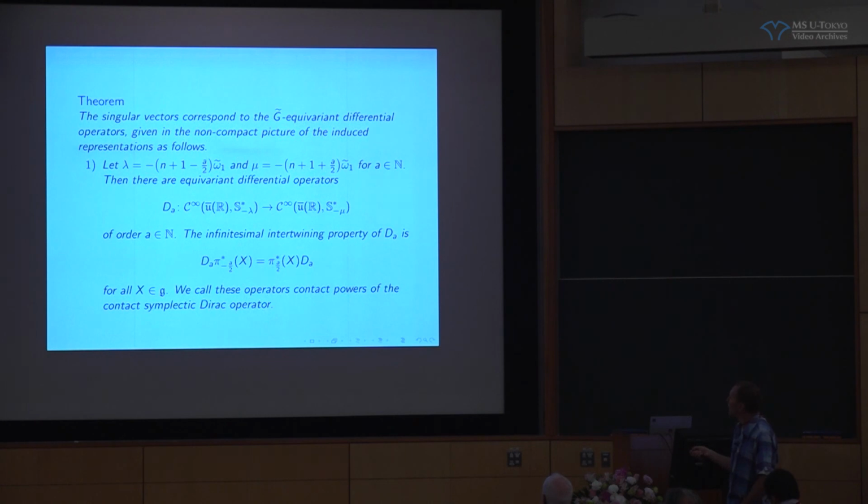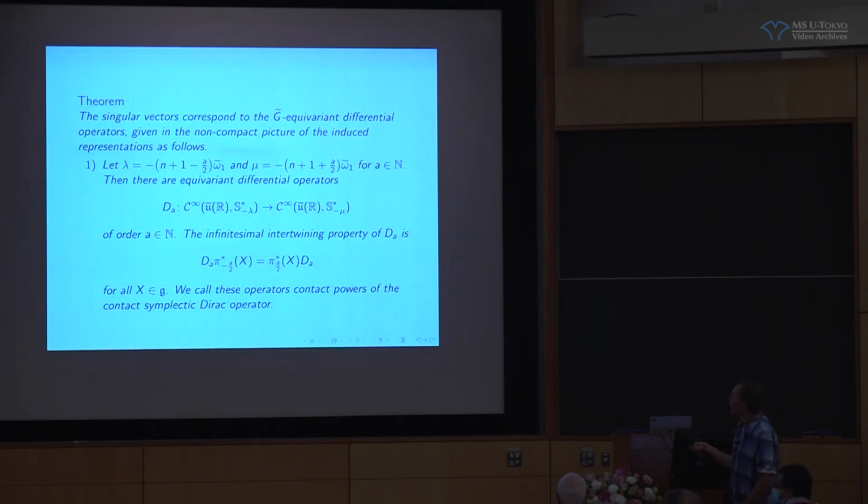And I will not give you explicit formulas for single vectors. Here is just the translation to equivalent differential operators because perhaps they are more important in the end. So again, we have a collection of operators which might be called contact powers of a contact symplectic Dirac operator, whatever it means. I will give you the formulas on the last slide.